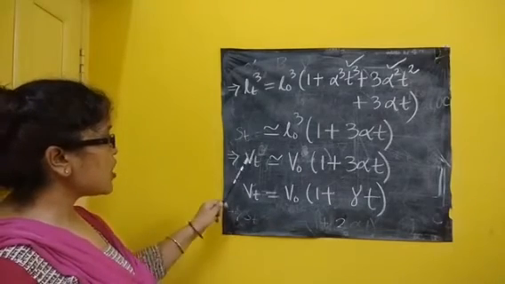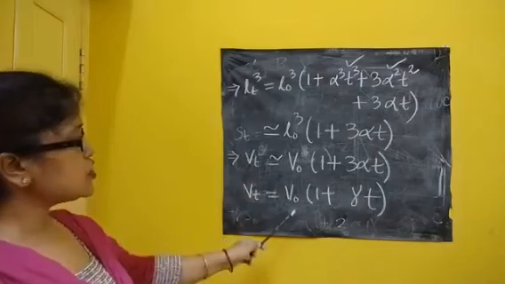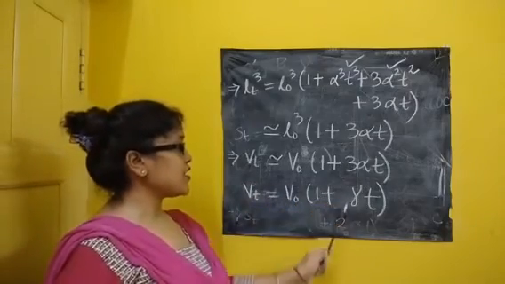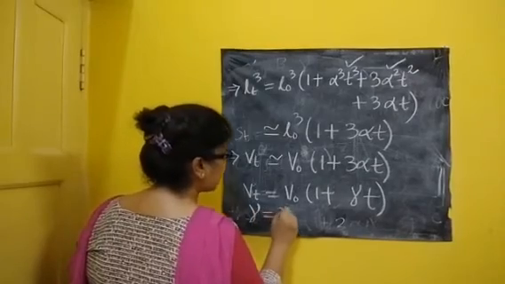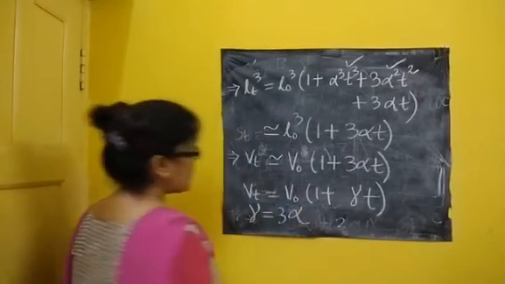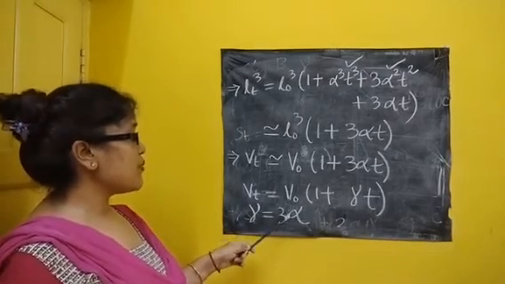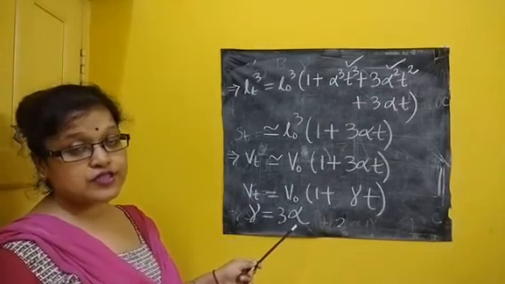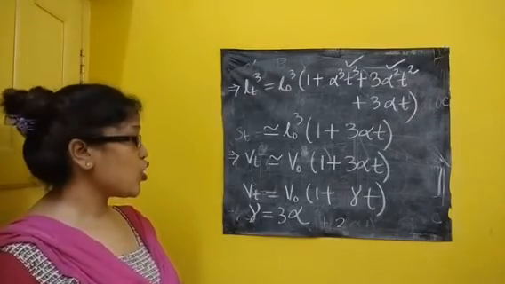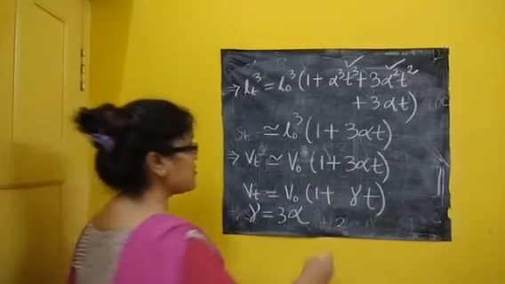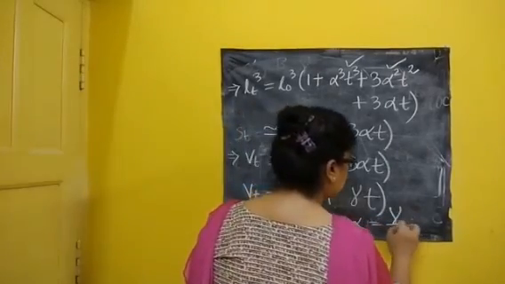So if I do the comparison between these two expressions, Vt, V0, V0, 1, 1, 3 alpha t, gamma t, means gamma equals thrice alpha. Means if alpha is 10%, gamma will change 30% of its initial value. Clear? Means volume expansion will be more. So alpha can be written as alpha equals gamma by 3.